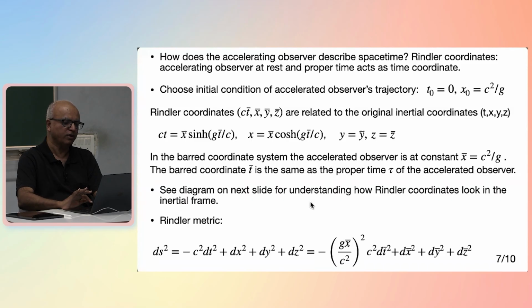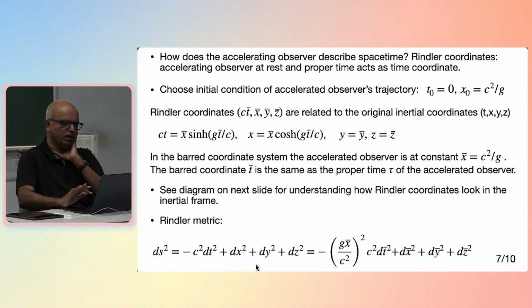What does this line mean? Given x and t, I can plot x bar and t bar as functions of x and t. I can just invert this. What is the Rindler metric? In t and x inertial frame coordinates, this is the Minkowski metric.